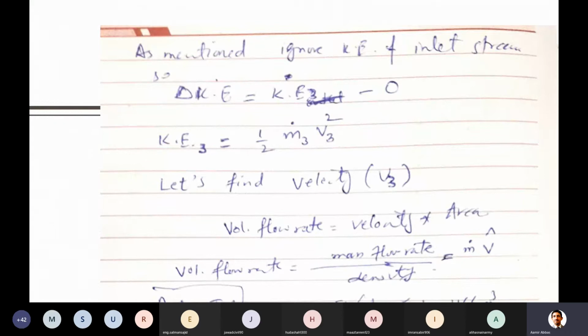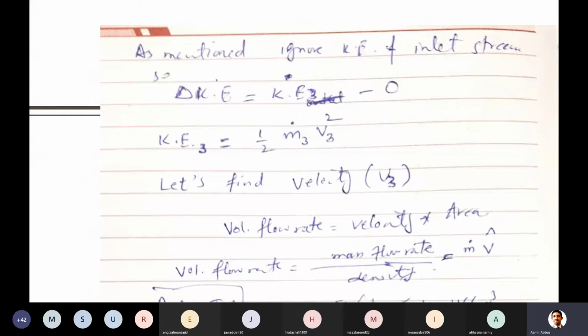Let's jump one step forward. Now you have to find the kinetic energies. In order to find these, how can you proceed? This is the formula in which you need velocity as well as mass. Masses are given for all three streams. Do you have mass for all three streams? Yes, sir.